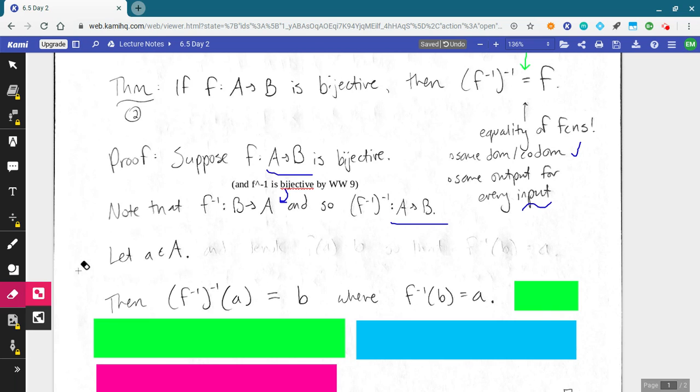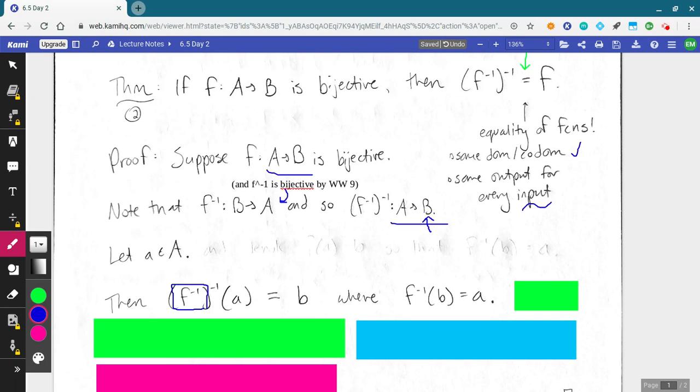All right, so here's the idea. f inverse inverse of a. Well, that's an inverse function evaluated at a. All right, that's going to give us some element of our codomain B.